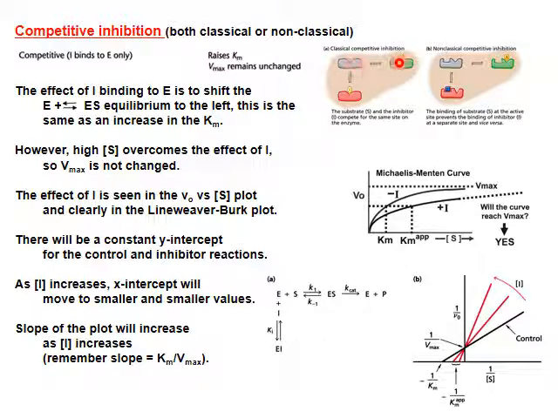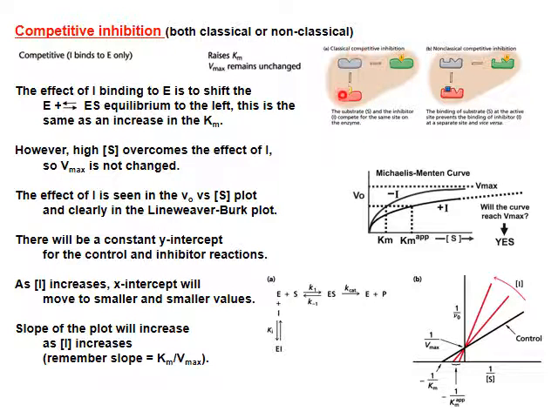In other words, if we're adding more S, we're going to favor the formation of ES over EI. And so EI is going to dissociate because E is being depleted to form ES. So I is going to dissociate to try to re-establish concentrations of E. So we're having the law of mass action change these ratios.